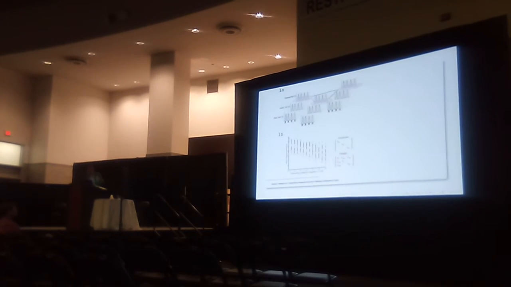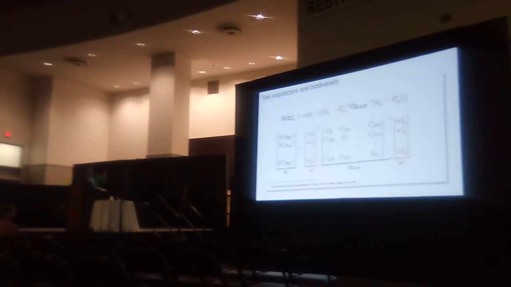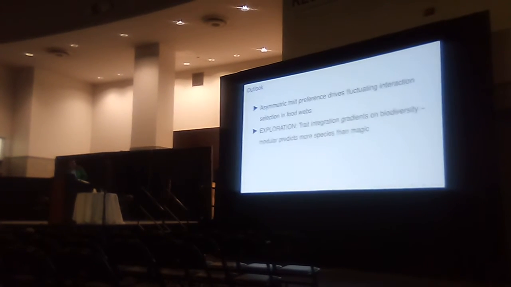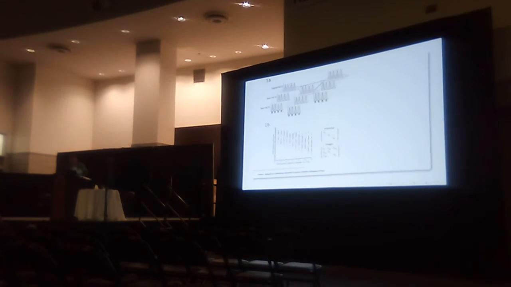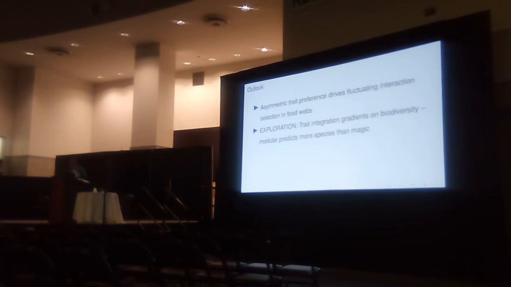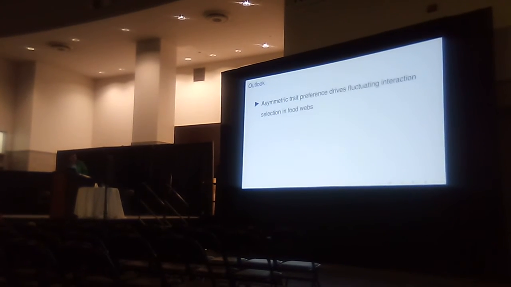Magic is essentially when one trait, the biotic trait, dominates the dynamics of the fitness function, which is governed by the biotic trait. In the modular scenario, each trait is completely independent. So you have these two scenarios.